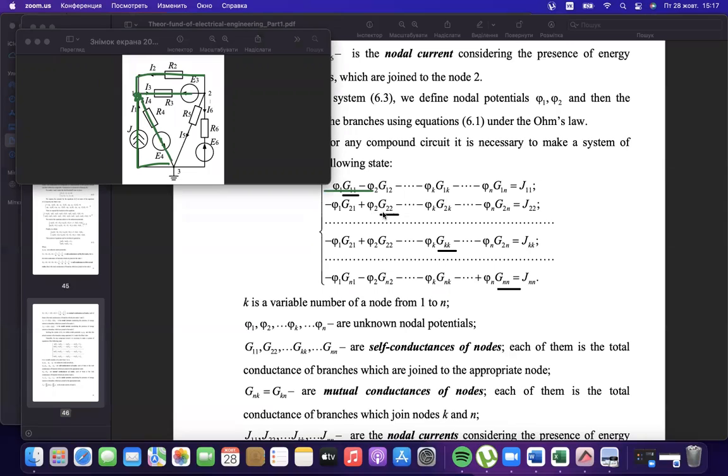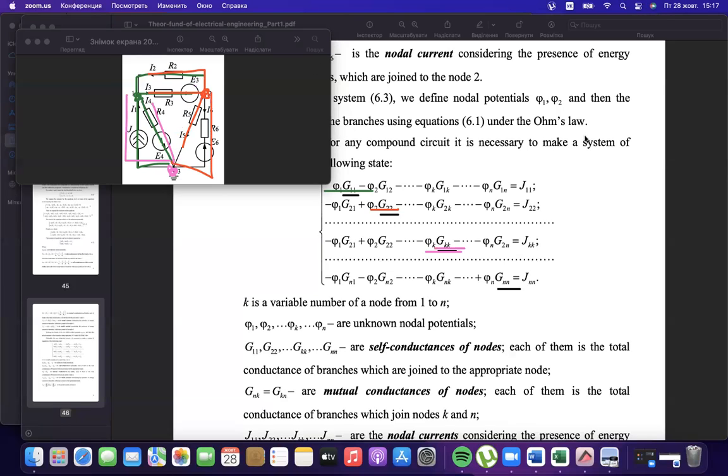For node number 2, in the second equation, own conductivity means all branches near this node. For the third, it also means all branches near this node.